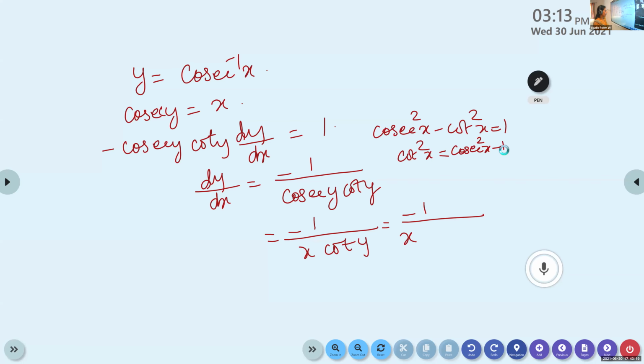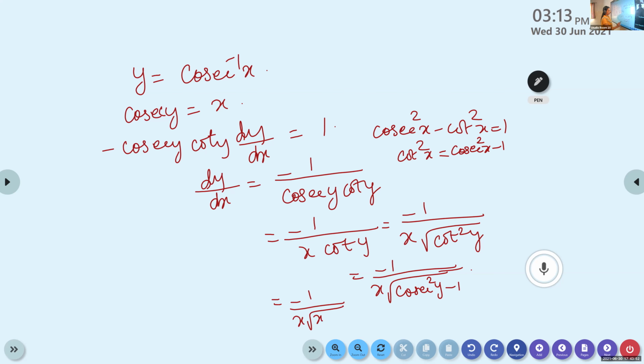Very good. So cot y we can write as root of cot square y, which is minus 1 by x into, what about cot square y? We can write this as cosec square y minus 1. But what is cosec y? It is x. So it is minus 1 by x into root of x square minus 1.